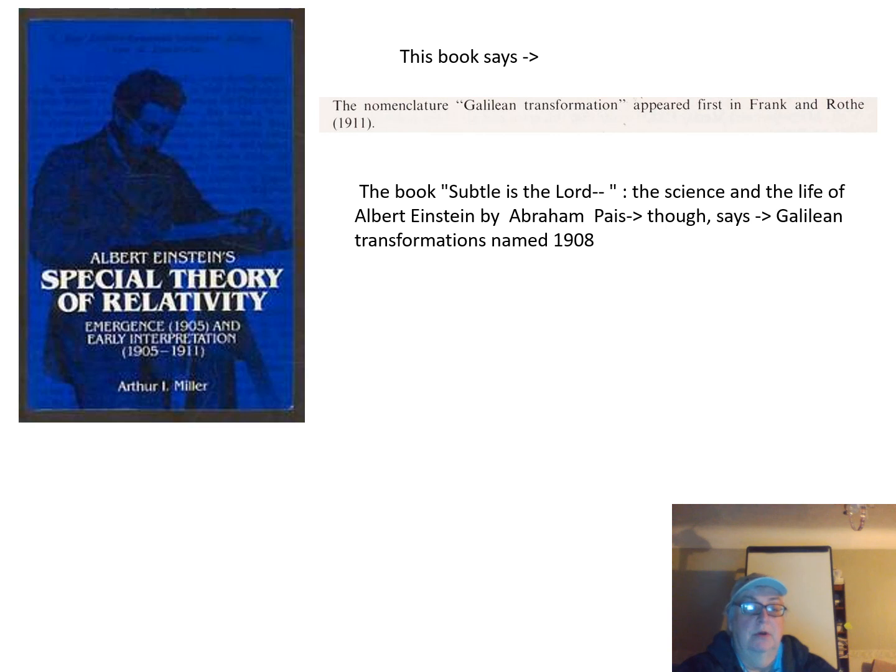And in this book, Special Relativity, Emergence, 1905 and Early Interpretation by Arthur I. Miller, it points out that Galilean transformations first appeared in 1911. However, another book called Subtle as the Lord, The Science and the Life of Albert Einstein says Galileans were named in 1908.